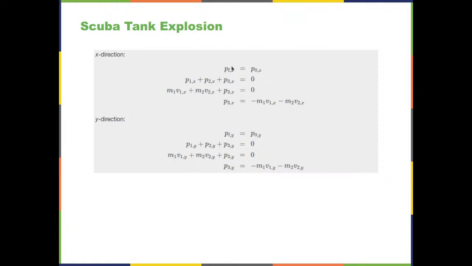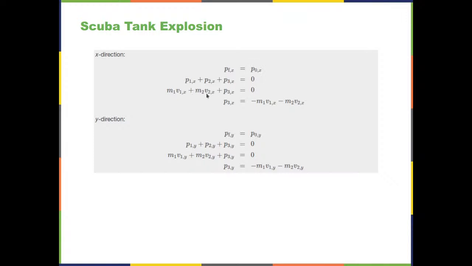So our final x component has to be equal to our initial x component, and the final y component of the total momentum has to be equal to the initial y component of the momentum. So that means that the x components of the three pieces added together have to be equal to the x component of the initial momentum, which is 0.